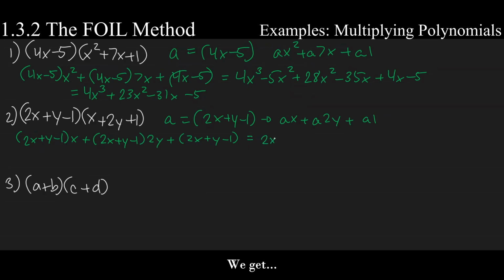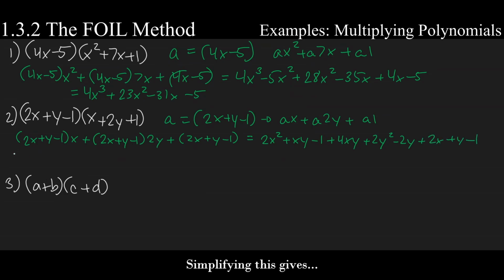We get 2x squared plus xy minus x plus 4xy plus 2y squared minus 2y plus 2x plus y minus 1.